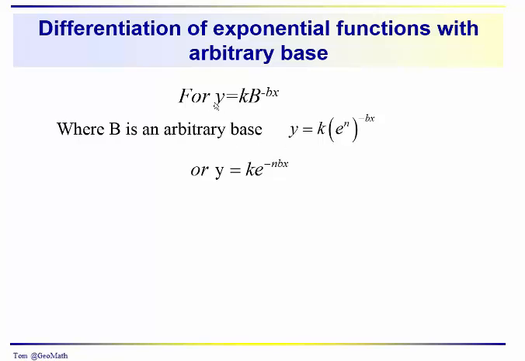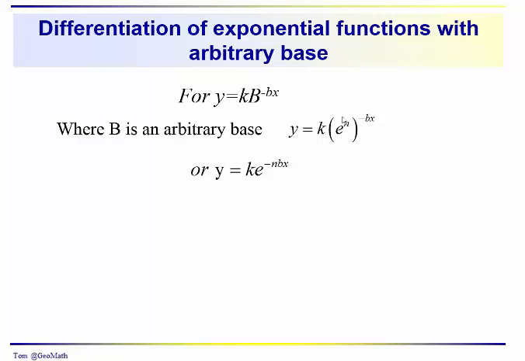Okay, so in general, for y, if you have a function which is y equal to k times b, an arbitrary base, raised to the minus bx power, where b is this arbitrary base, we have to express b as equal to e to the n, right? So we have k e to the n raised to the minus bx power, or y is equal to k e to the minus nbx.